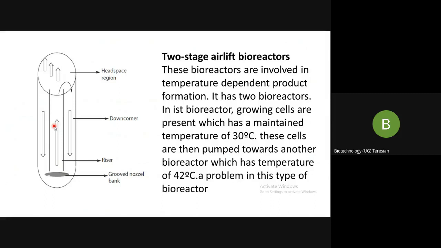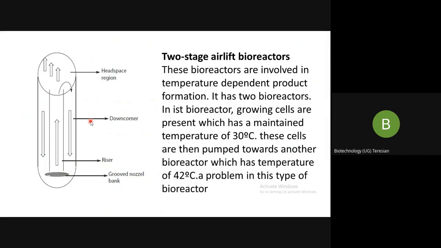What we mean to say is that the liquid circulation is driven by the gas holdup, so there occurs a difference between the riser and the downcomer. Because we said that only one of the two zones, the riser, is sparged with air or other gases, whereas the downcomer is the zone that receives no gas.